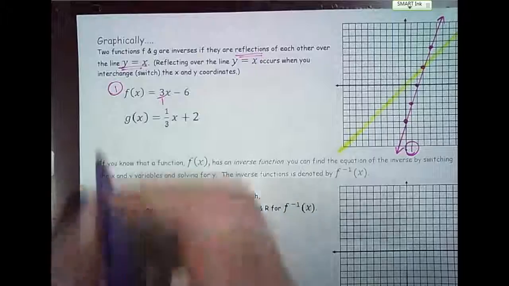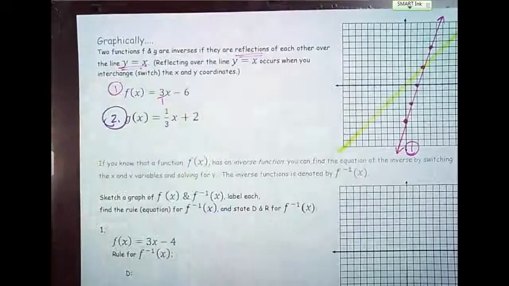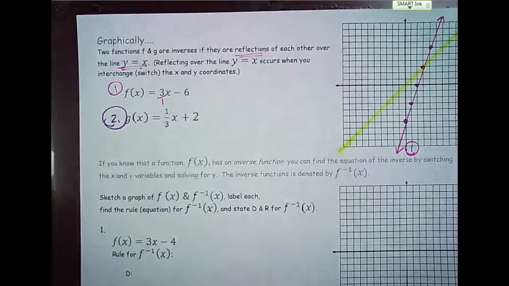Okay, so here's my line 2. Up 1 over 3. Up 1 over 3. Up 1 over 3. Makes sense? So graph that other line for me.